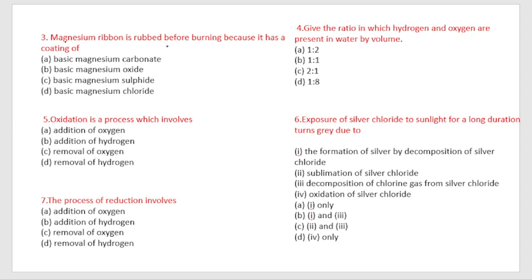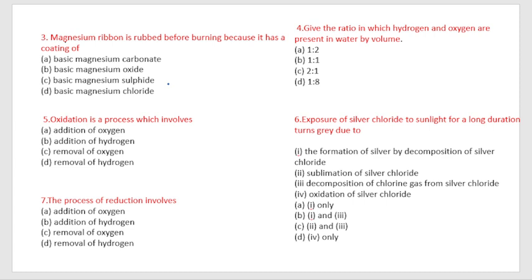Magnesium ribbon is rubbed before burning because it has a coating of... This is the first experiment specified in chapter 1. We know that magnesium will react with atmospheric oxygen, and if any metal reacts with oxygen, what will be formed? Is it a carbonate or sulfide?